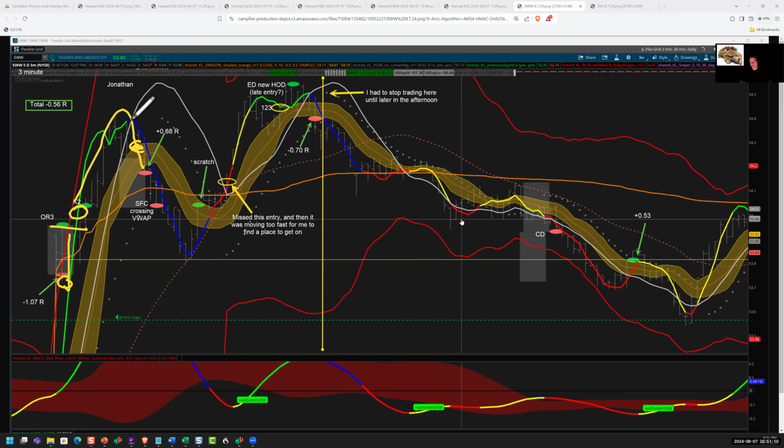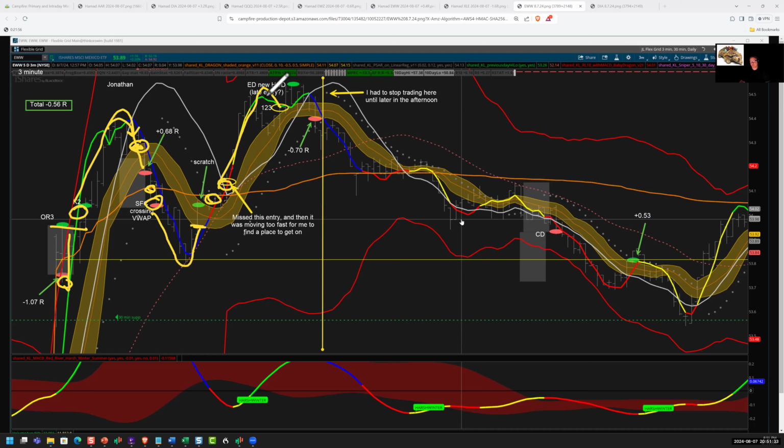Skin of the dragon when the R10 rolls over. This is a reasonable short. Perfect would have been on the VWAP. 1, 2, we should try to be getting out here at the skin of the dragon, and then we could be long here or here, and then that would have been the big payoff.